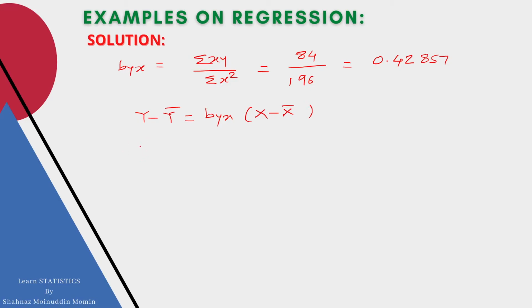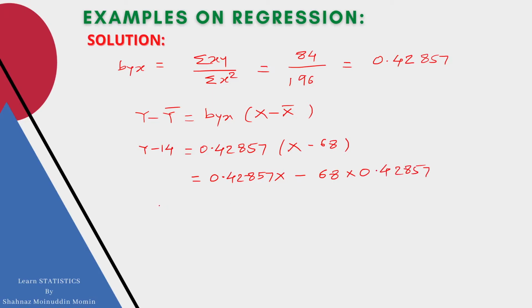Substitute the values. Y minus 14 is equal to 0.42857 into x minus 68, which is equal to 0.42857 x minus 68 into 0.42857.